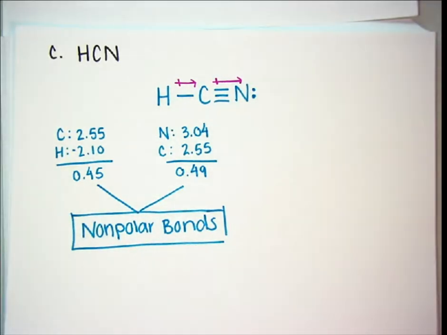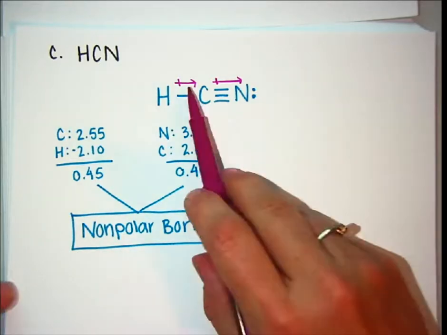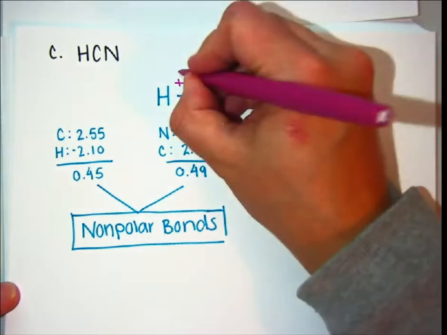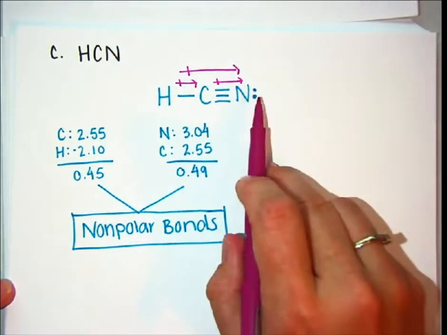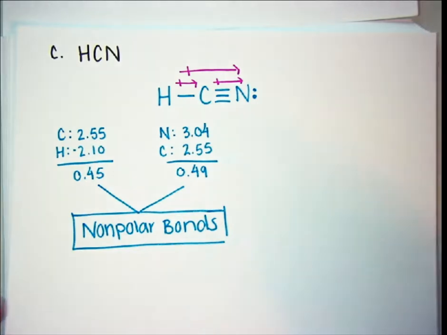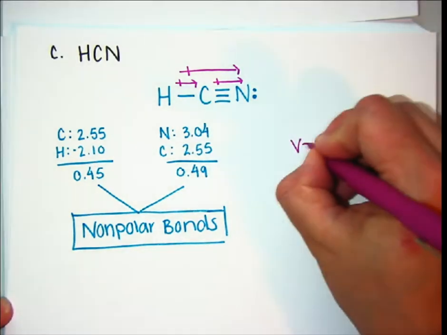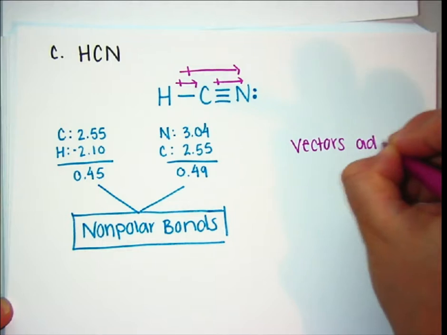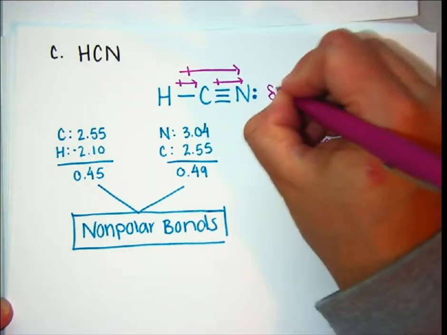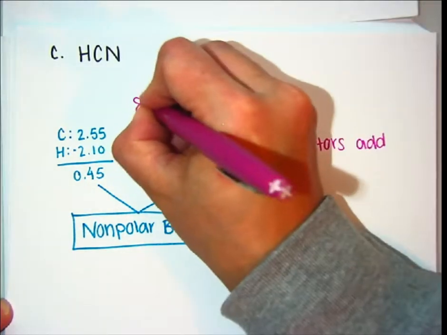Vectors have magnitude as well as direction. Do these vectors add or do they cancel? Well, they're both pointing this way, so I'm going to have an overall dipole pointing this way. The vectors add.